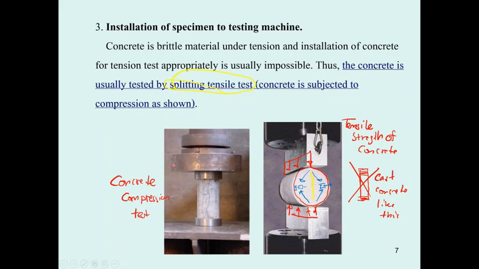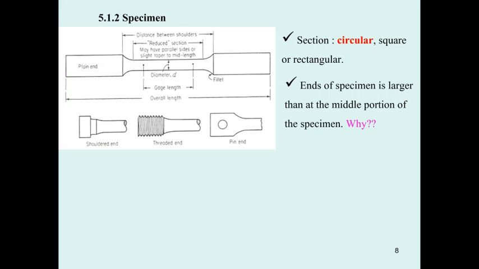Okay, the third one: concrete is a brittle material. It's very hard to produce a concrete specimen for the tension test and for the installation. So the concrete is tested by the splitting tensile test, in which the concrete is subjected to compression, but the compression produces cracks in the concrete in a tension manner.